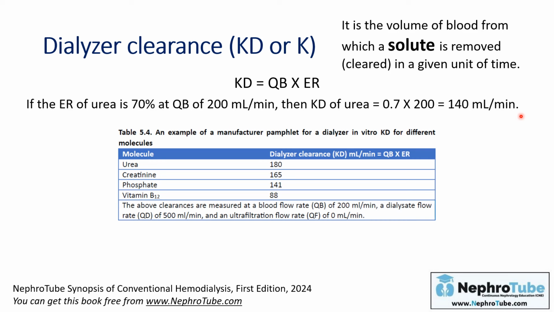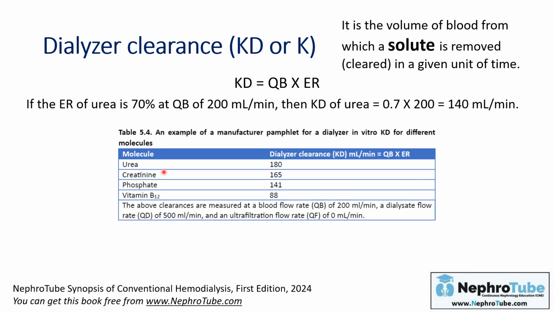And you will find the in vitro dialyzer clearance of the dialyzer you are using given by the manufacturer in the pamphlet of the dialyzer. And this is an example of one of the pamphlets. This pamphlet is designed and supplied by the manufacturer in the box of the filter.